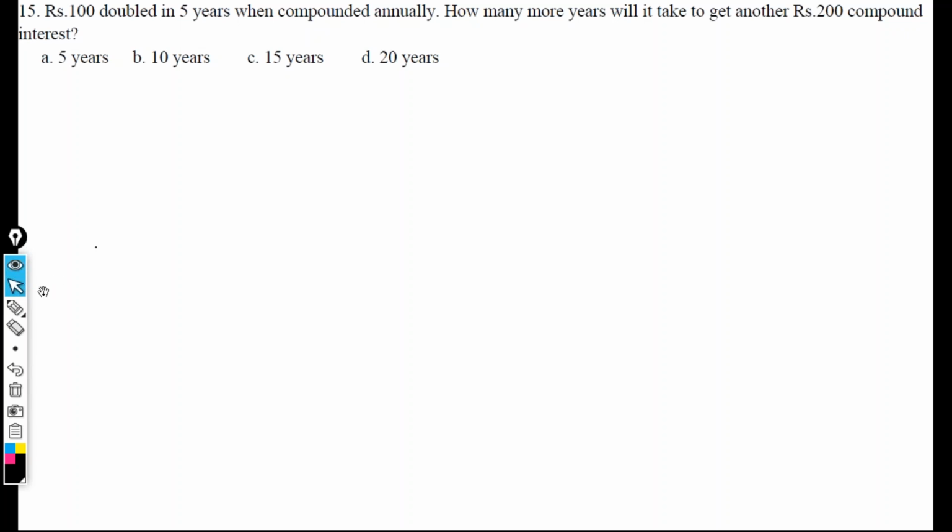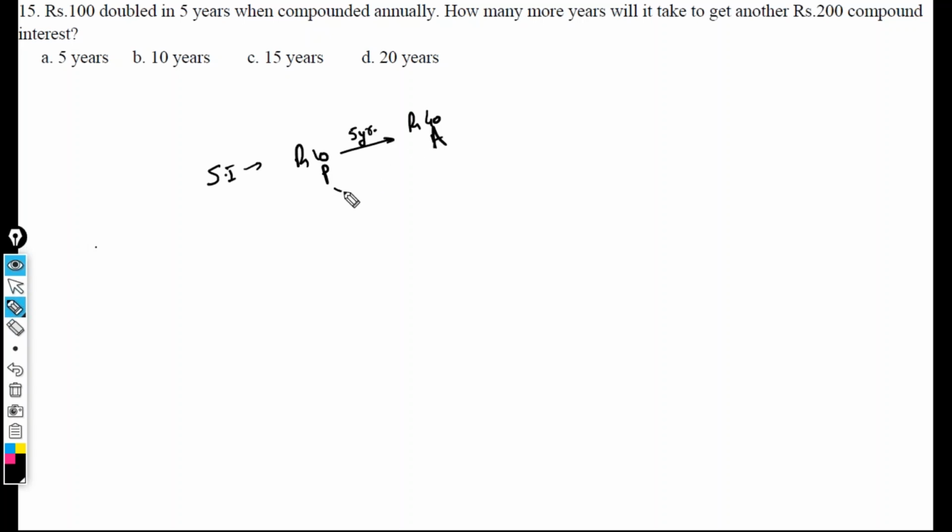Okay, I think you guys forgot this concept, so let me do it for you. Otherwise, you will be doing a lot of calculation. In simple interest, let's say you invested rupee 10, and in 5 years you got rupee 40 as your amount. This is principal, this is amount.